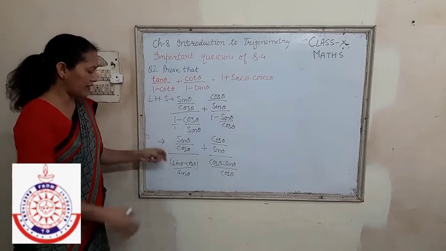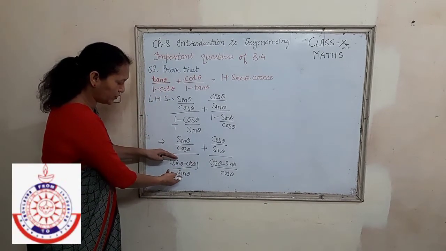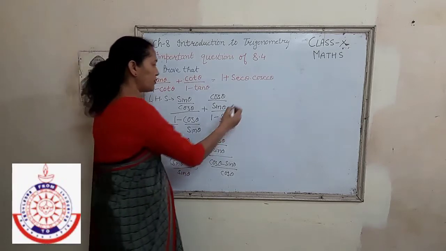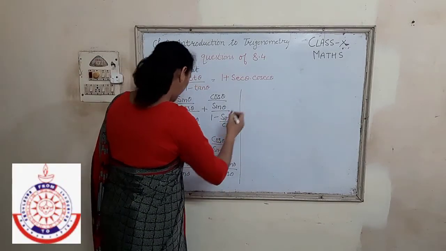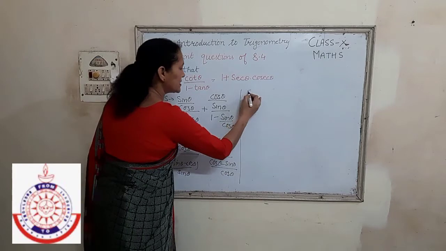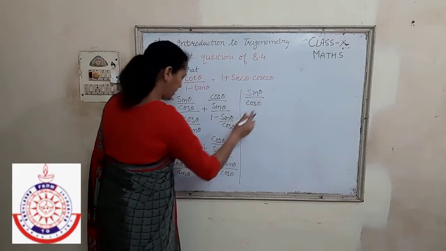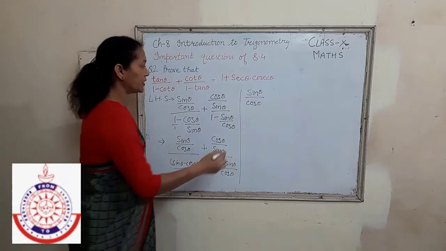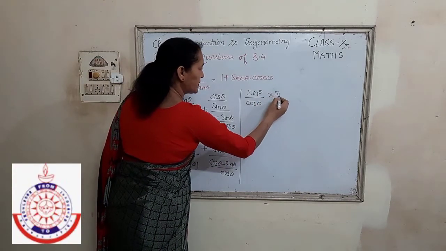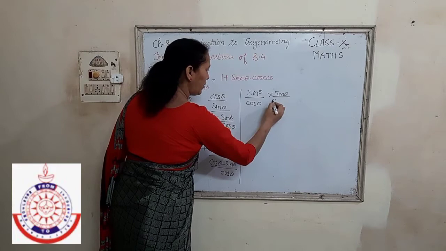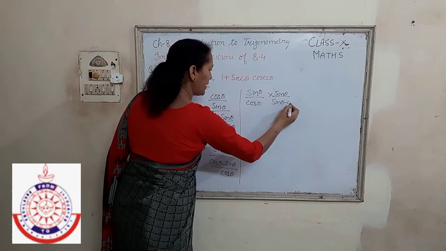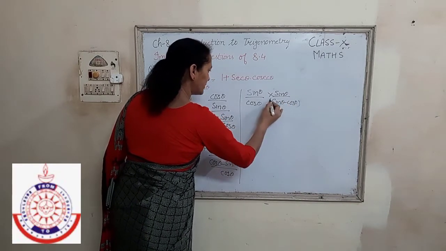Now to solve it, we will have to take the reciprocal of the lower term. After taking the reciprocal, we will be having sin theta upon cos theta, and this term will become, as we shift to the upper side, sin theta upon sin theta minus cos theta.